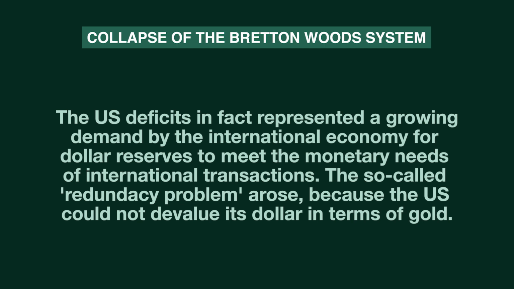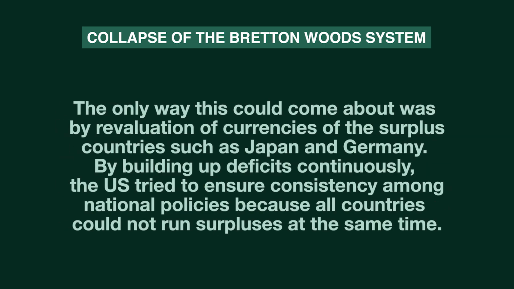The so-called redundancy problem arose because the US could not devalue its dollar in terms of gold. The only way this could come about was by revaluation of the currencies of the surplus countries, that was Germany and Japan. By building up deficits continuously, the US tried to ensure consistency amongst the national policies, because all countries could not run surplus at the same time.